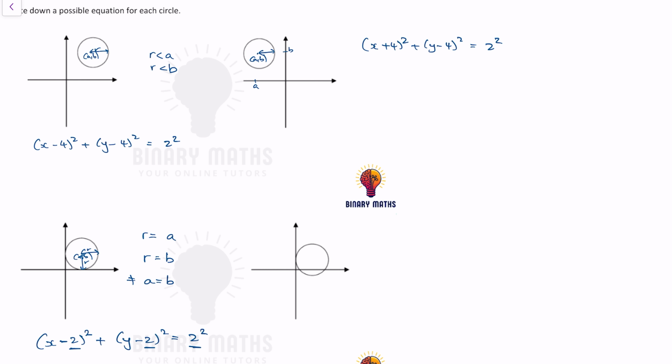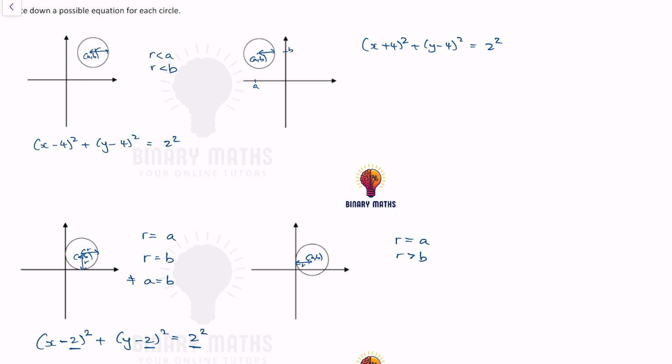Okay, in this example, if this is the circle center and this is the radius, then you can clearly see r must be equal to a. But r must also be greater than b, because you can see it has crossed the x-axis twice.